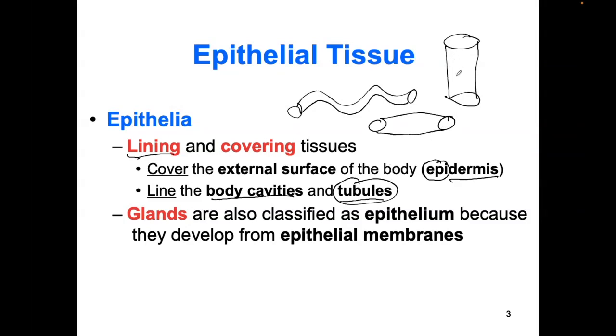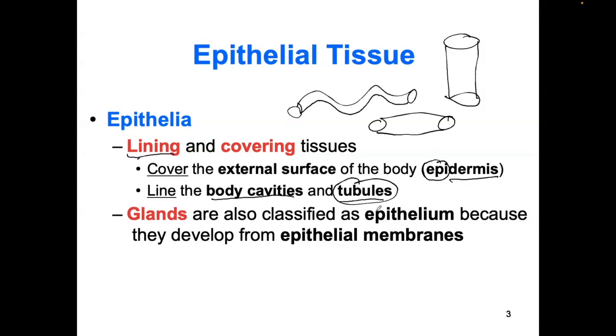Tubules are anything that looks like a hose. So maybe your blood vessels, your esophagus, your trachea, your small or large intestine, anything that's tubular. The kidneys are made up of lots of tubules. In order to detoxify and make urine, it has to go through the kidney tubules.